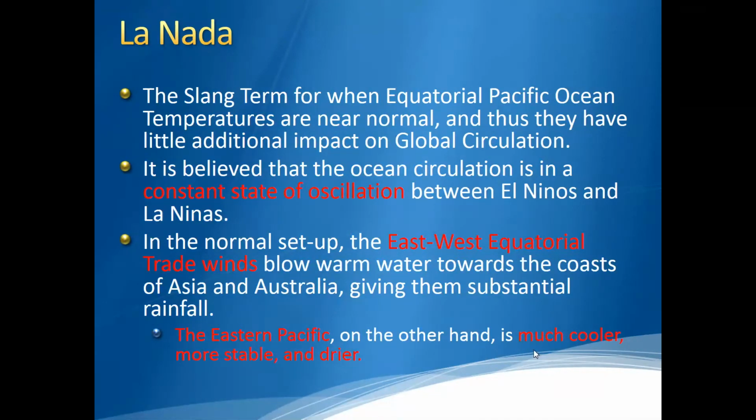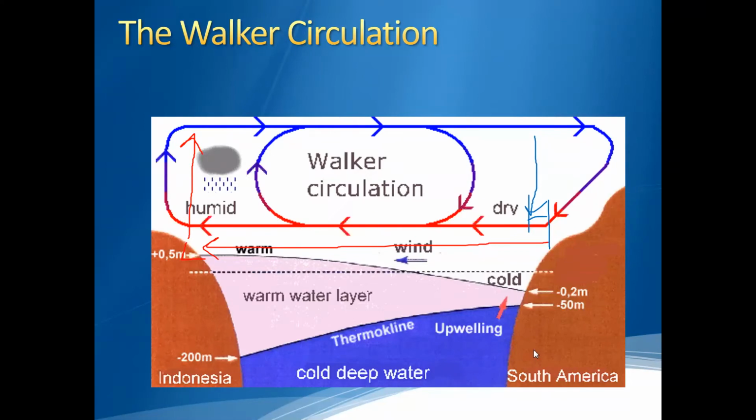And in this normal case, with everything averaged out, we get that water circulation that I just talked about. Winds travel from west to east, that pushes warm water to the west. Or I say west to east, I meant east to west, sorry. Warm water travels from east to west.